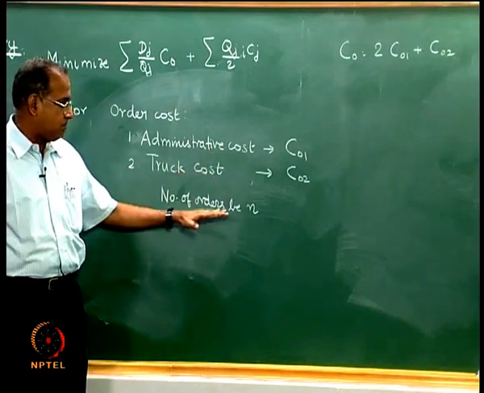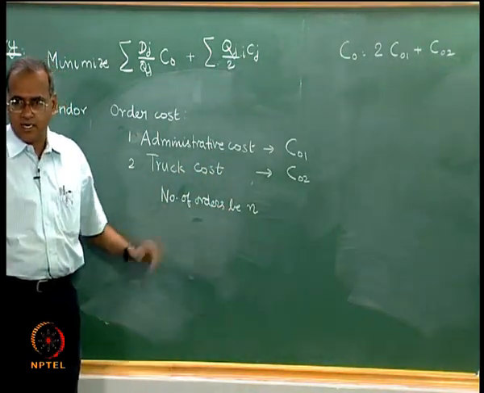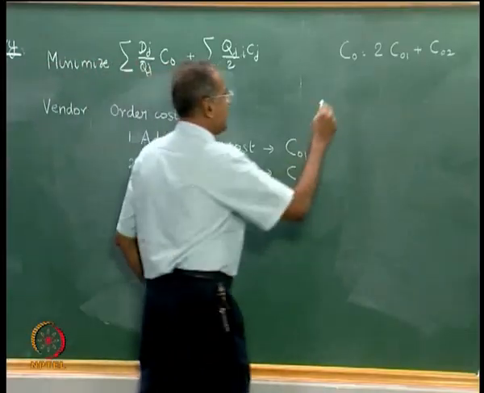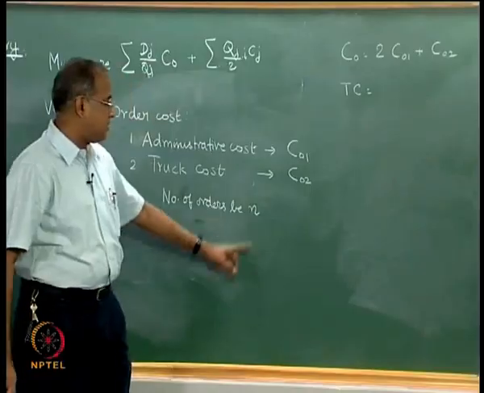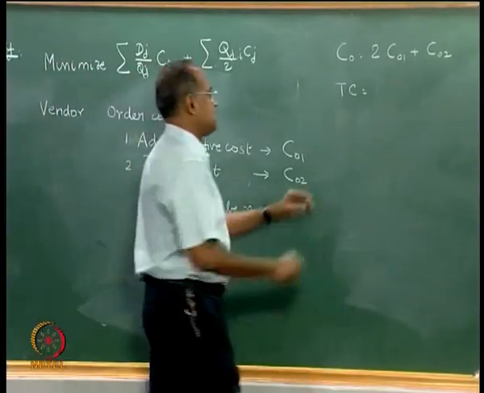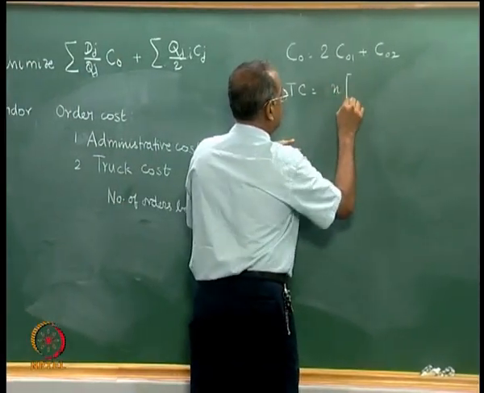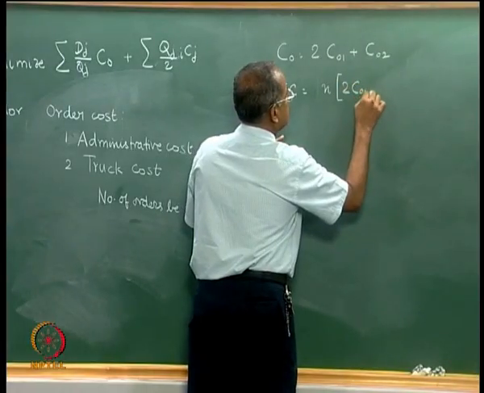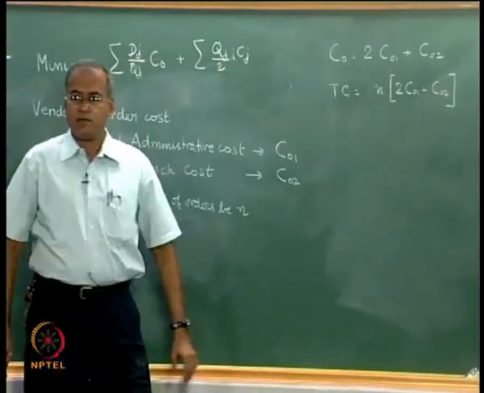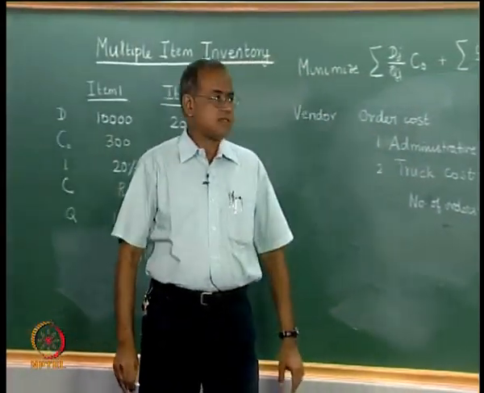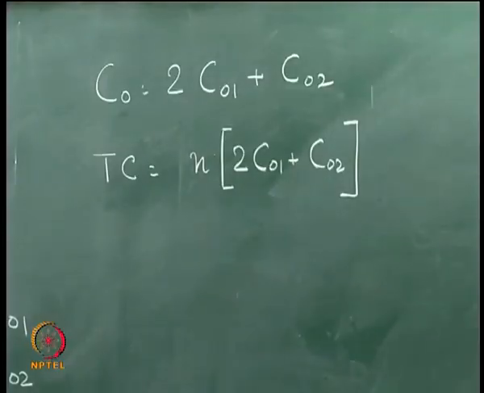So, if there are n orders per year, the total cost will be n into 2 times C01 plus C02. This is the total ordering cost per year.